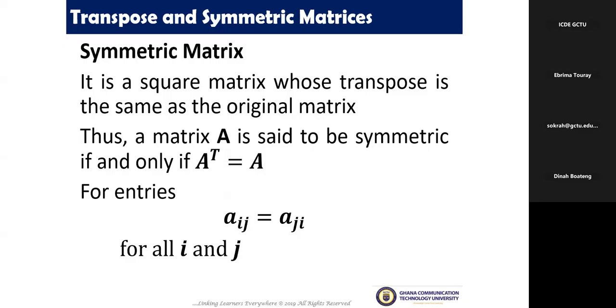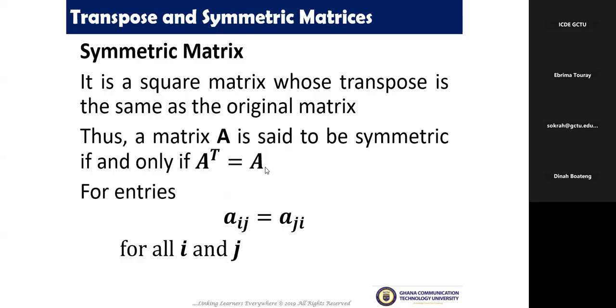And when you finish taking the transpose of the matrix, compare the answer to the original matrix. So assuming I give you the matrix A, I ask you to find the transpose of the matrix A. If at the end you realize that the answer you've gotten is the same as the original matrix A, then you say the original matrix A is symmetric.